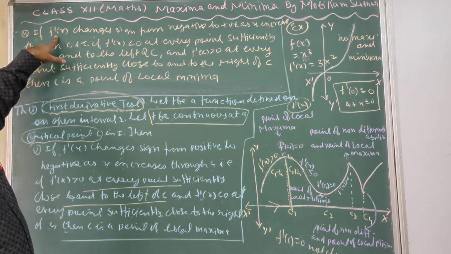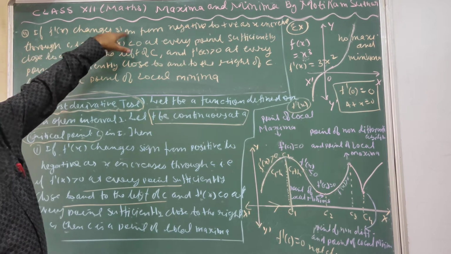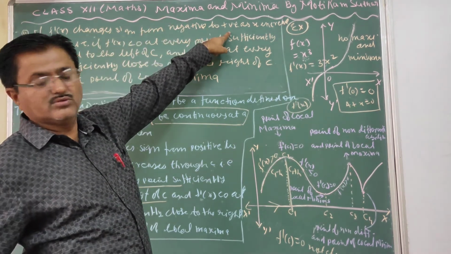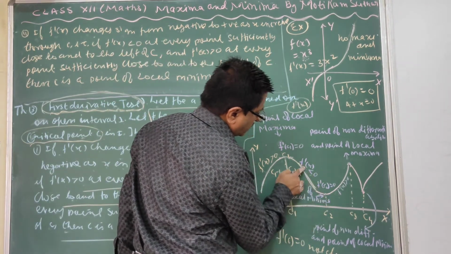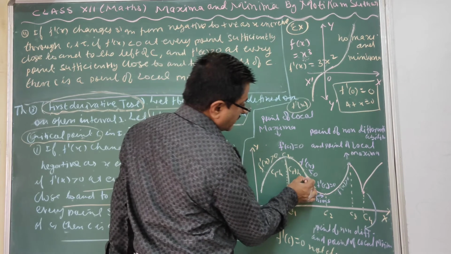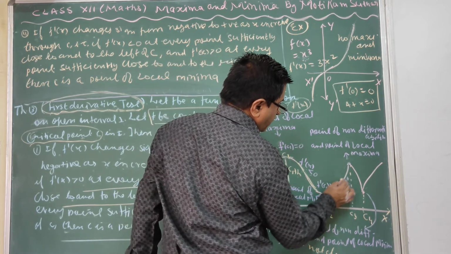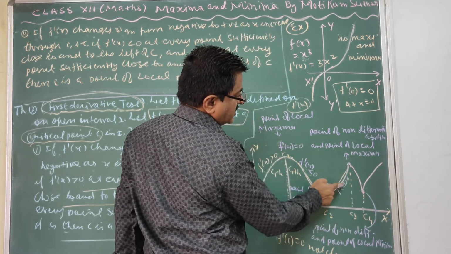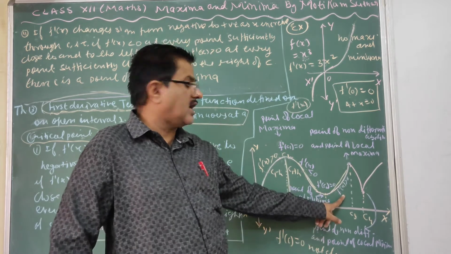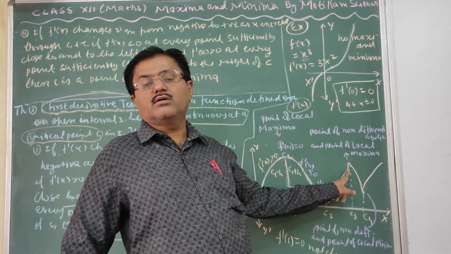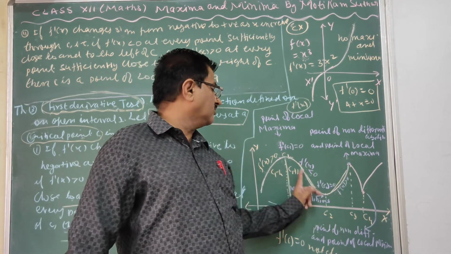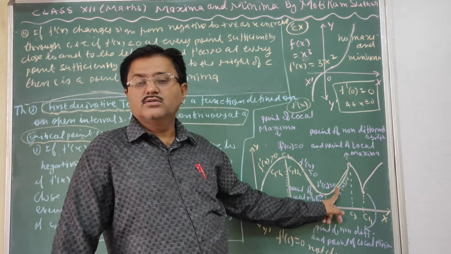If f dash x changes sign from negative to positive: here f dash x is negative, less than 0, then here C2 and then positive. f dash x is greater than 0. It changes from negative to positive. Just the converse of this. Clear?